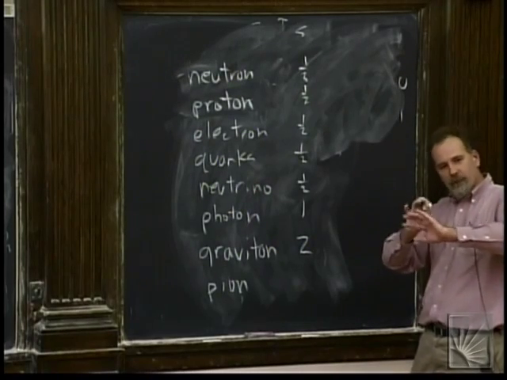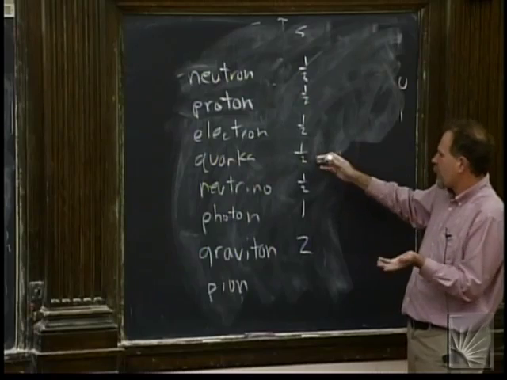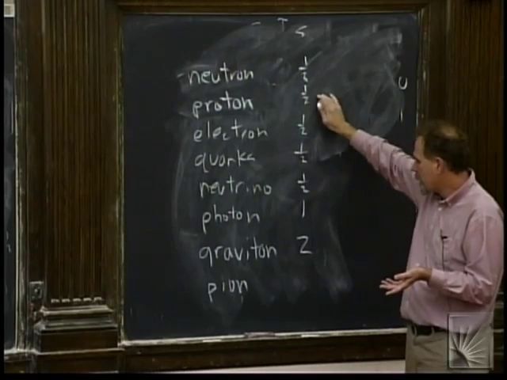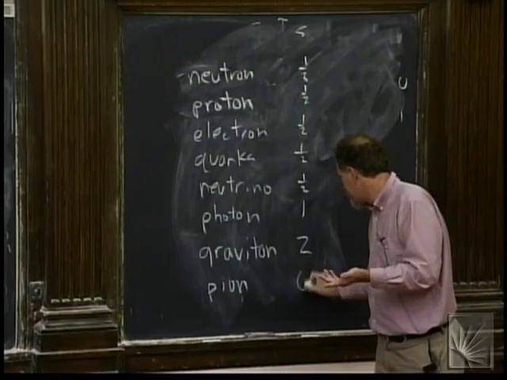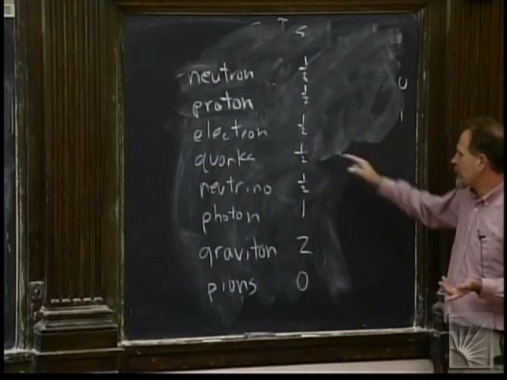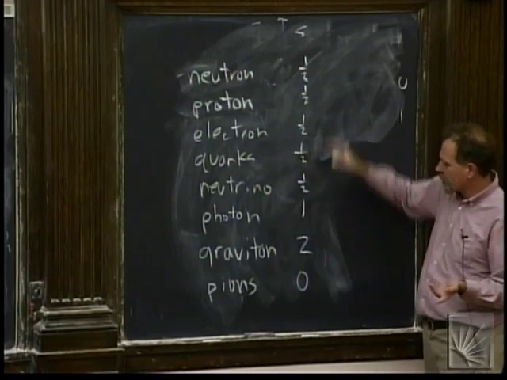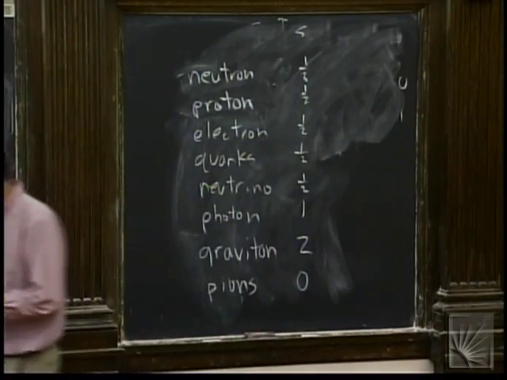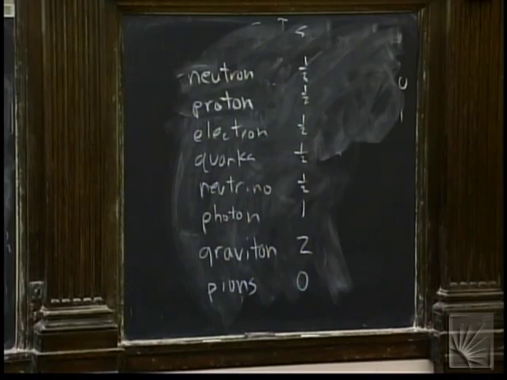It's a vague statement, but in fact it's true. That's why with quarks being a half, neutrons and protons were a half. Pions are 2 quarks, and they'll be 0. Although you can make 3 quark objects that have spin 1, and you can make 2 quark objects that have spin 1 as well. And 3 quark objects that have spin of 3 halves.